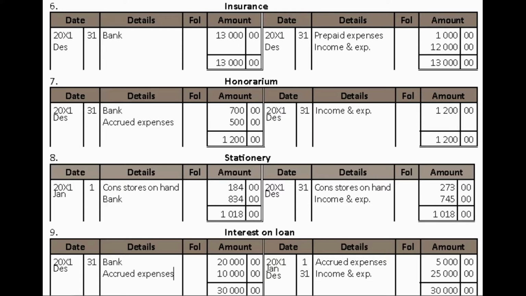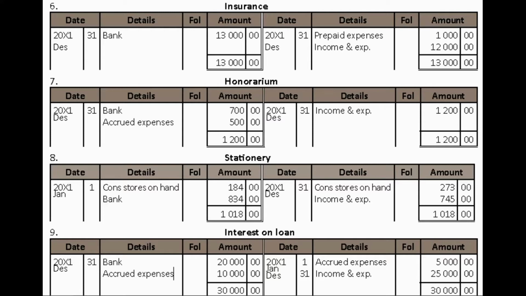Okay, so what was the amount that you got from the receipts and payments that you paid for stationery? It was 834. You'll see there's stationery 834 under the payments. So that was the payments for the year.